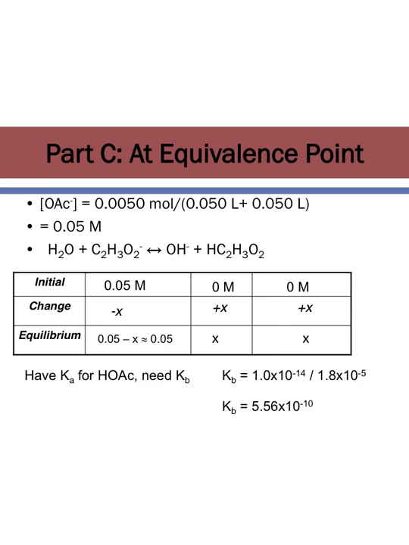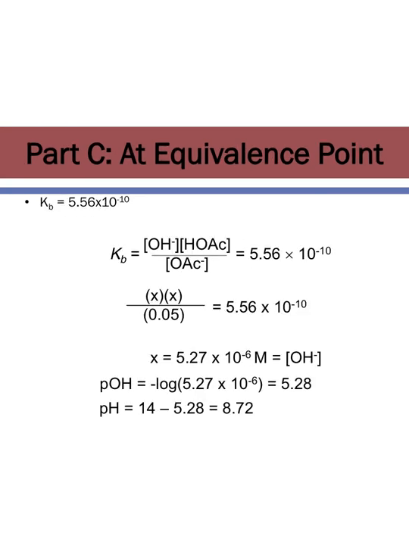Then from there, we calculated Kb. We figured out the concentration of our salt. We plugged everything into Kb, solved for X, which was equal to the OH minus, solved for pOH, and then pH.